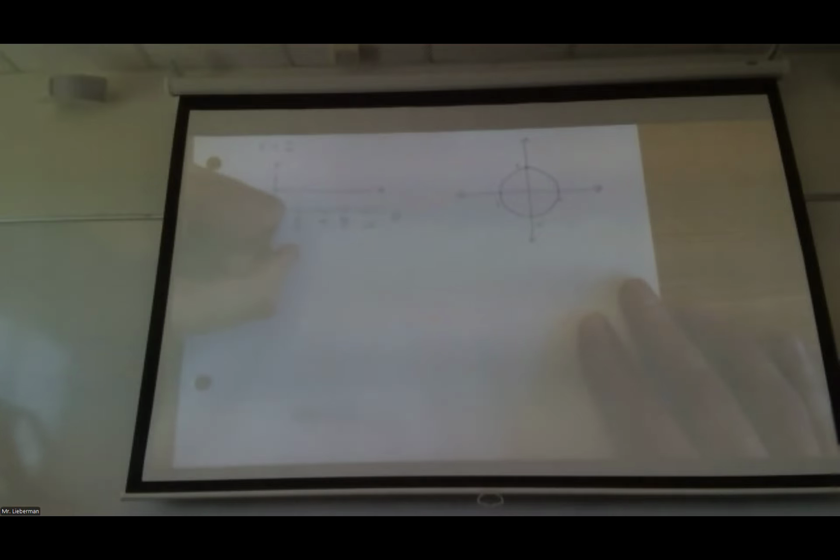Okay, we're going to start with our sine data. You have your pocket sine reps.